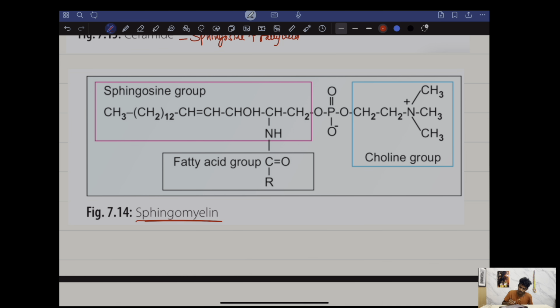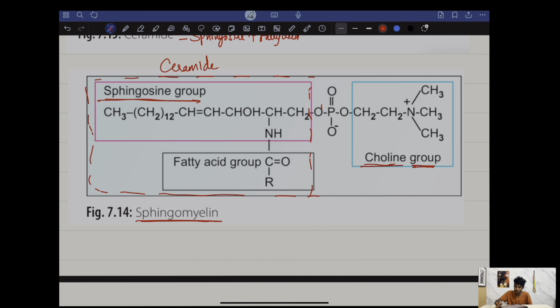Next is sphingomyelin. In sphingomyelin, what can you find? Can I say there is a sphingosine group? Yes or no? Can I say there is a fatty acid group? Together, what will you call it? Sphingosine plus fatty acid, can I call it a ceramide? Yes or no? Then what I have here is a choline group.